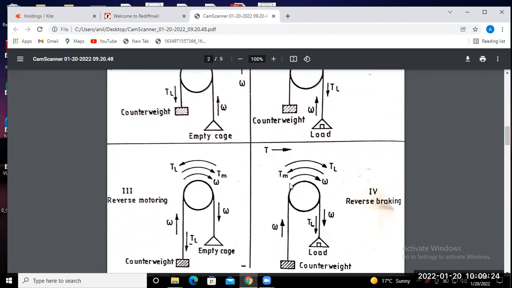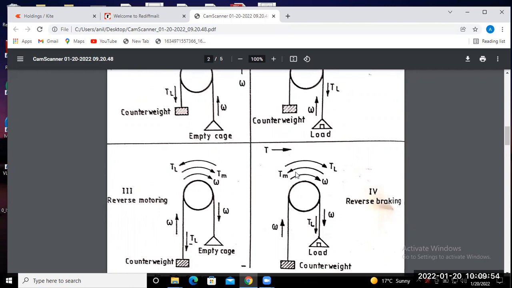So the motor moves in the clockwise direction, that means negative speed, but the electromagnetic torque is developed opposite to this motion, in the anti-clockwise direction.